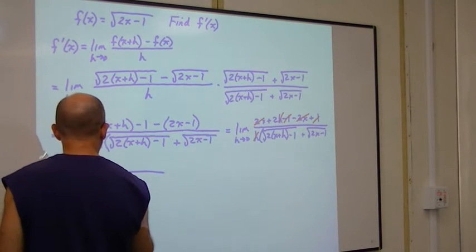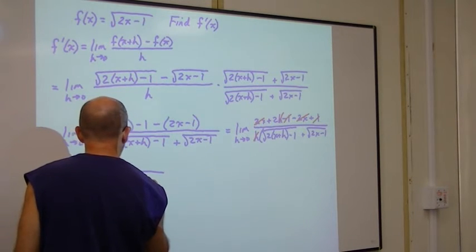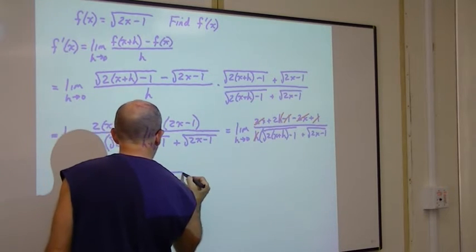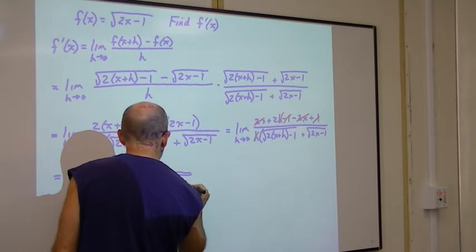over the square root of 2 times x plus h minus 1 plus root of 2x minus 1.